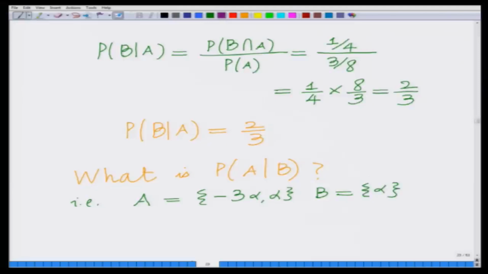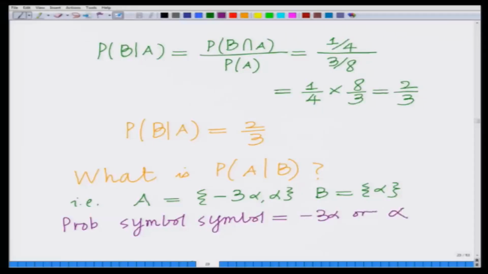That is, we are asking the probability that the symbol equals minus 3 alpha or alpha, given B, that is, given the symbol equals alpha.